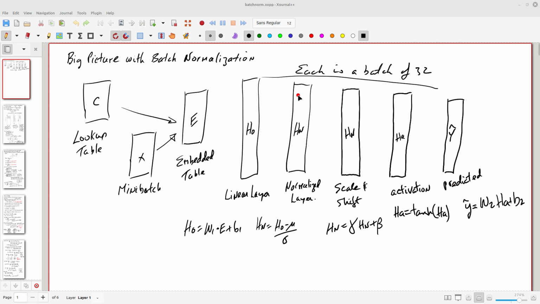And then of course the other thing you have to remember is all of these arrays here, or these tables, are all mini batches, so they're each of size 32 rows.